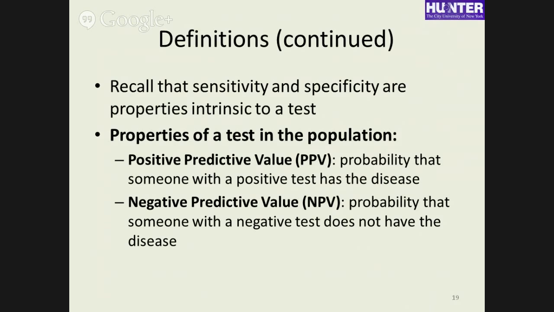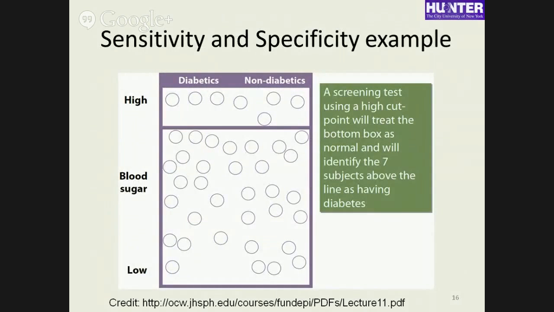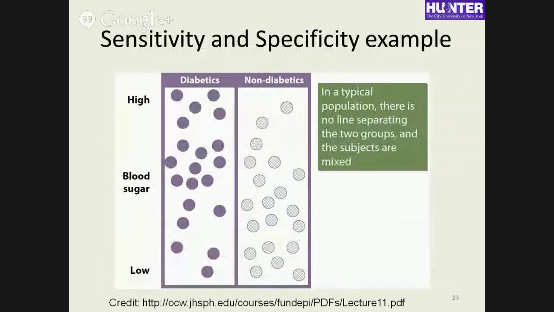But if you have a more reliable test, you develop a better laboratory technique, a test that is somehow physically different and better, so that the separation that you saw on the previous slides is greater, the separation here between the diabetics and the non-diabetics is greater.